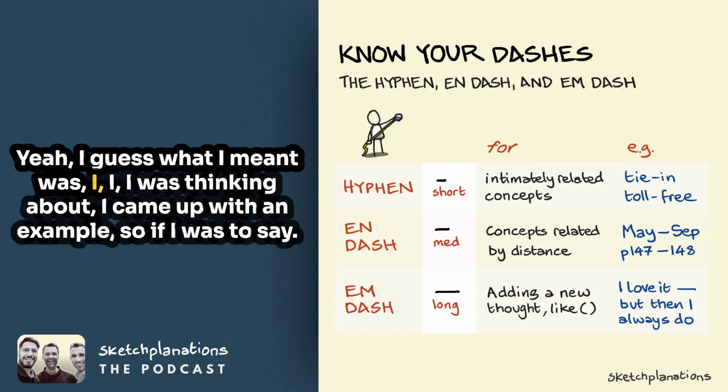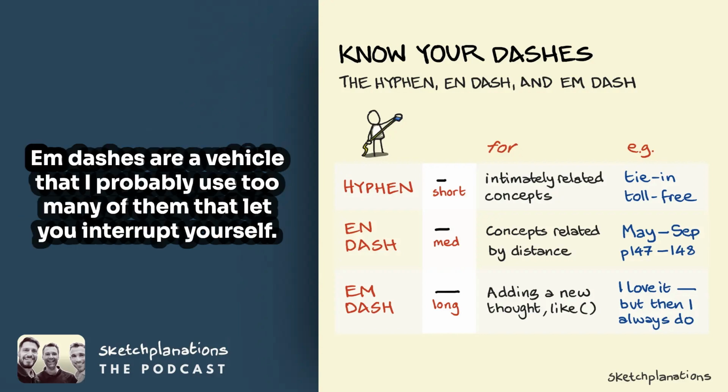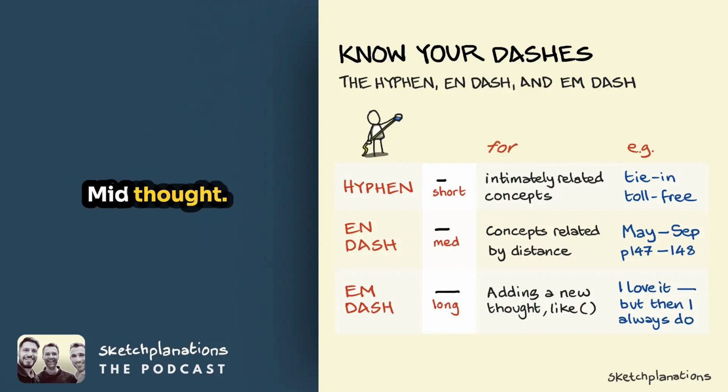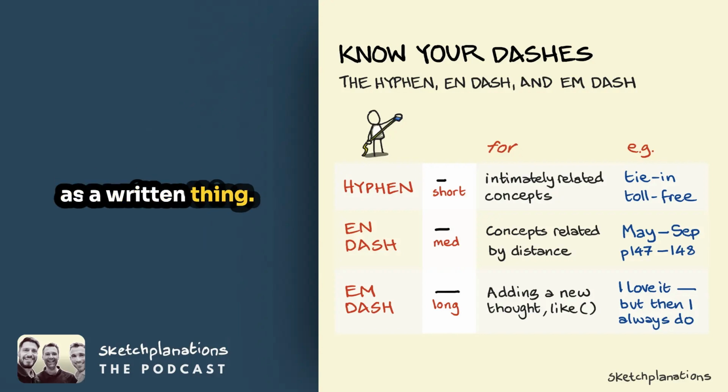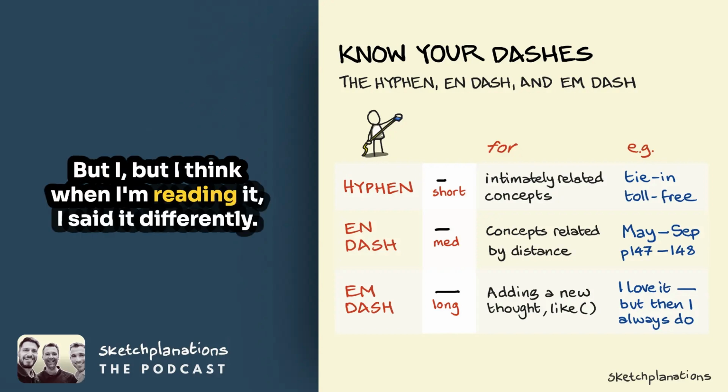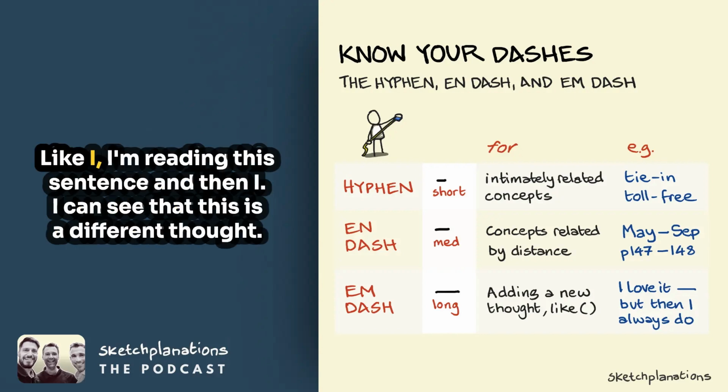Yeah, I guess what I meant was, I came up with an example. If I was to say, M dashes are a vehicle, I probably use too many of them, that let you interrupt yourself mid-thought. Oh, did you? So that I probably use too many of them. As a written thing, I could put M dashes around that. Lovely. But when I'm reading it, I say it differently, like I'm reading this sentence and then I can see that this is a different thought.